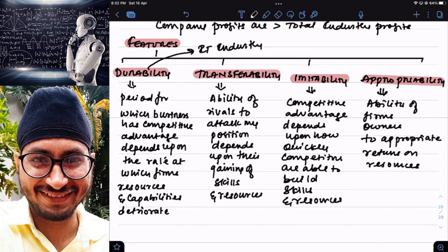Clear? Appropriability. Anyone having any doubts here? Any doubts here? No. Okay. So let us discuss some case studies.